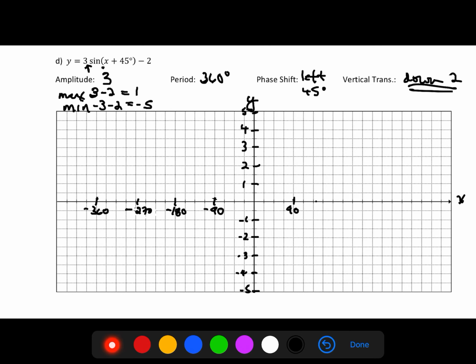And our key points are still going to be every 90 degrees because we don't have any horizontal stretch or compression.